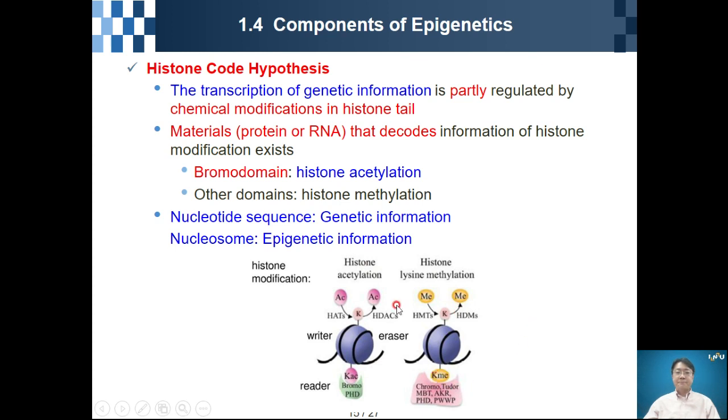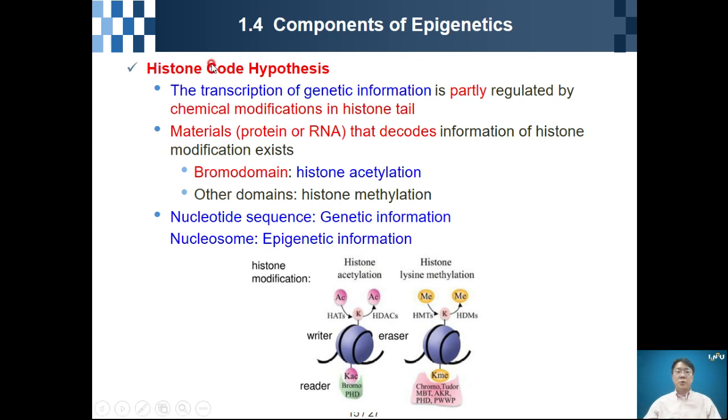For example, if there is some methylation here, another domain can decode the histone methylation code. After that, it can activate the gene, it can activate transcription, or it can inactivate transcription. Usually the nucleotide sequence is the genetic information, and because the nucleosome contains the histone octamer, it can have the epigenetic information.